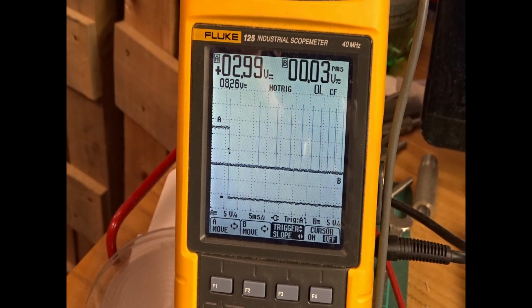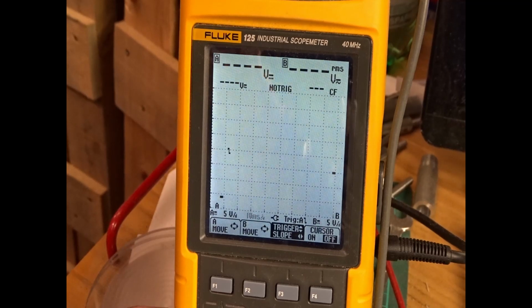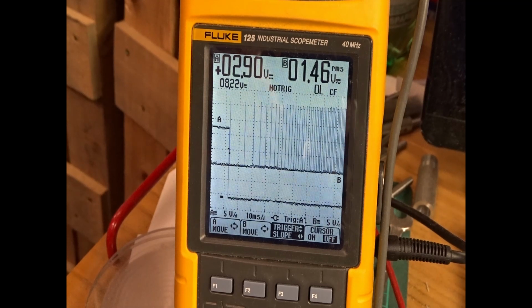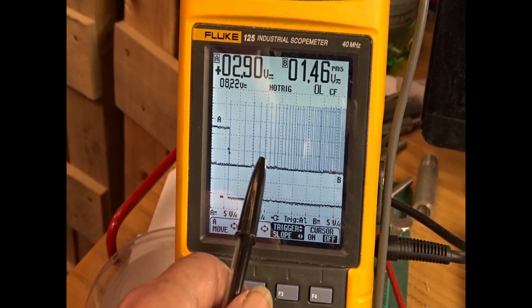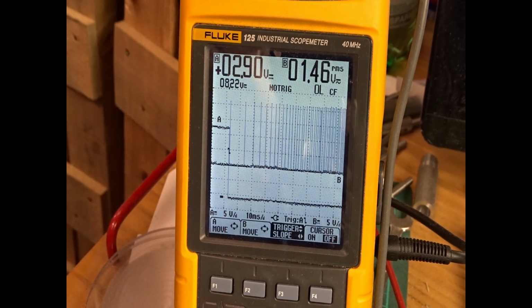Big long gap and then they get smaller. 10 milliseconds per division. If you get one, you get a gap, and then they seem to be getting closer together. It's accelerating. Starting off slow and accelerating in the jog mode.